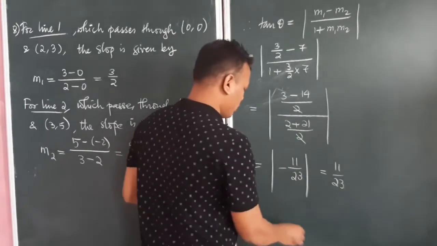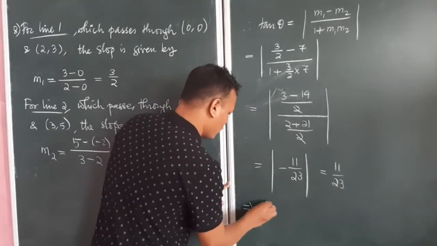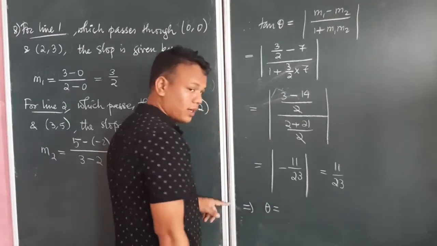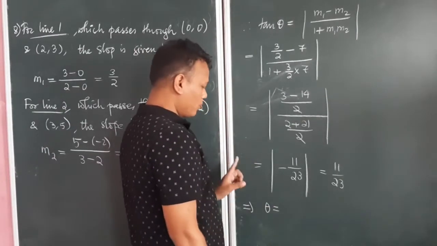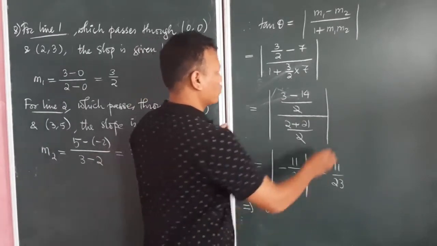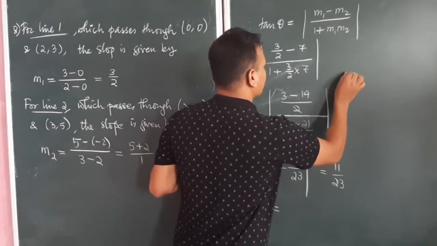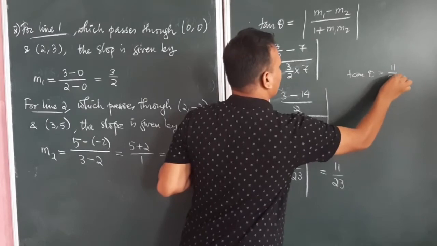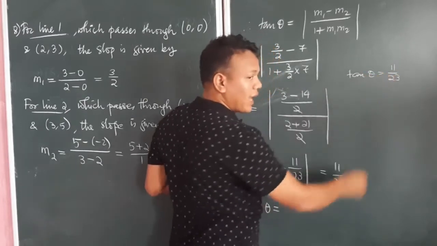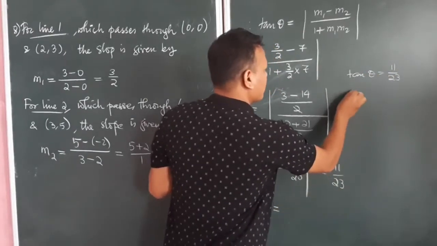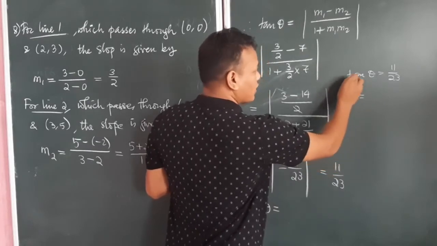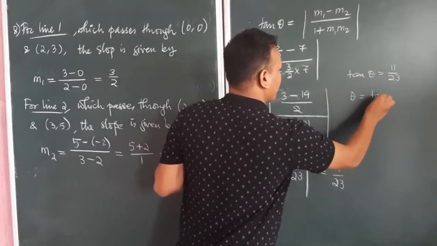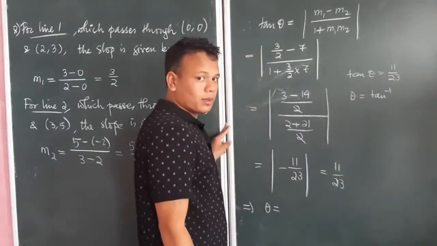From here, I don't have space, so you are asked to find theta. You need to remember one thing. Here we have tan theta equals 11 by 23. If you are asked to find the angle of intersection, that is theta, then this tan goes over there and becomes tan inverse. You need to remember this.